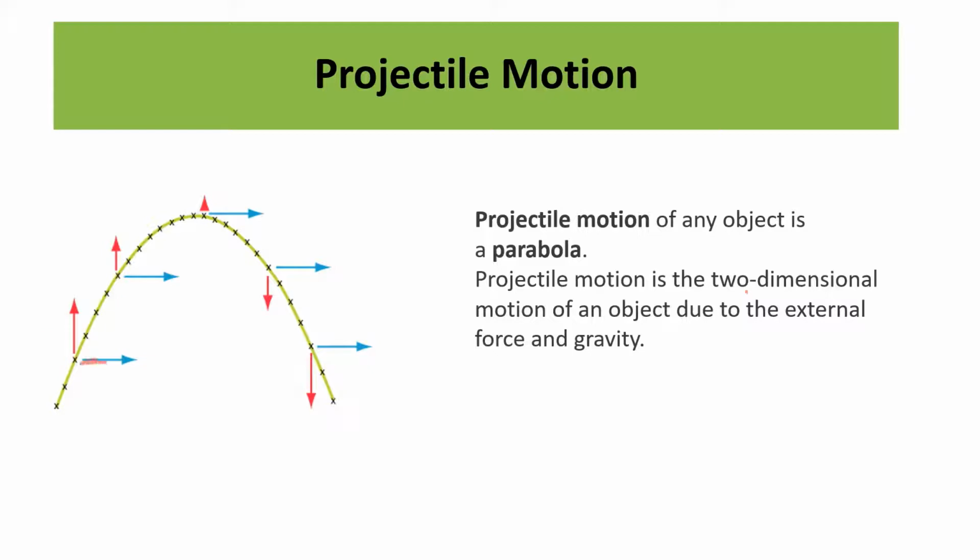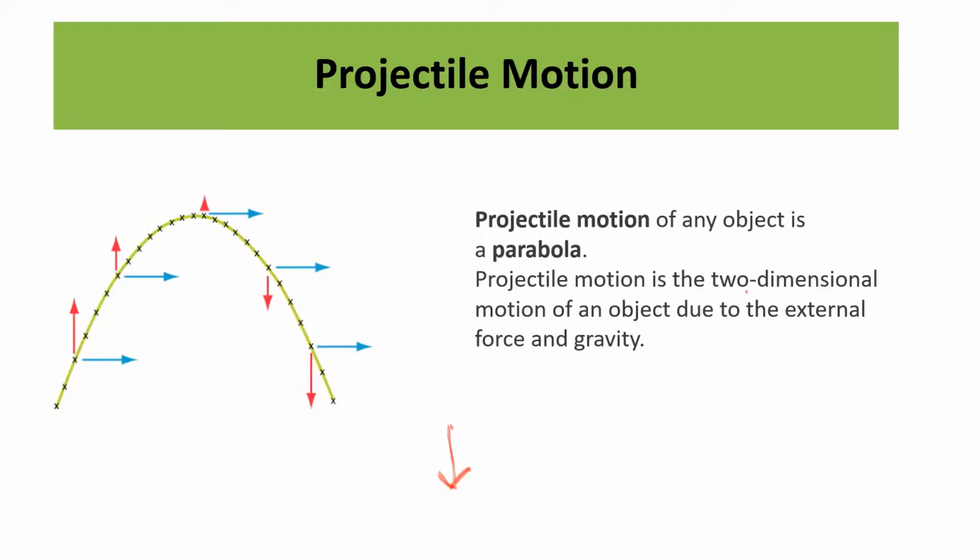This horizontal velocity remains constant throughout this motion, whereas this vertical component is changing. What will be the reason for that? This is because the gravitational force acts vertically downwards.